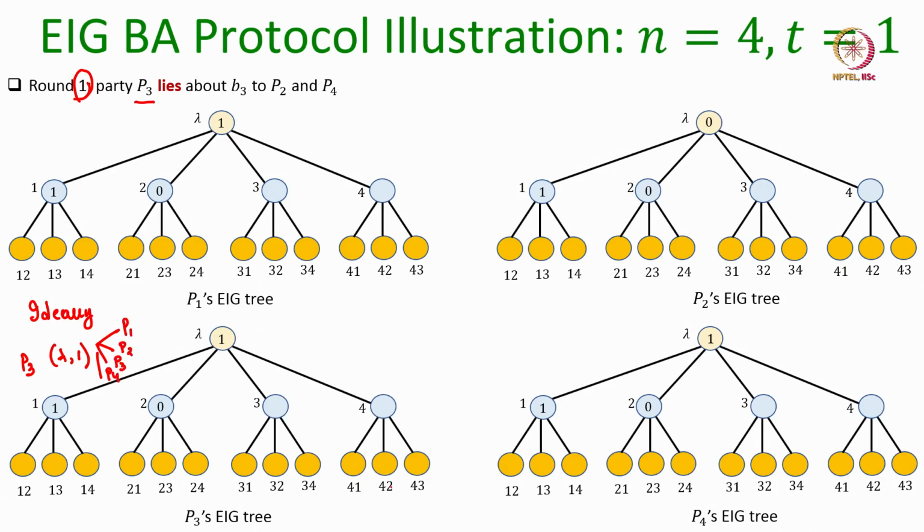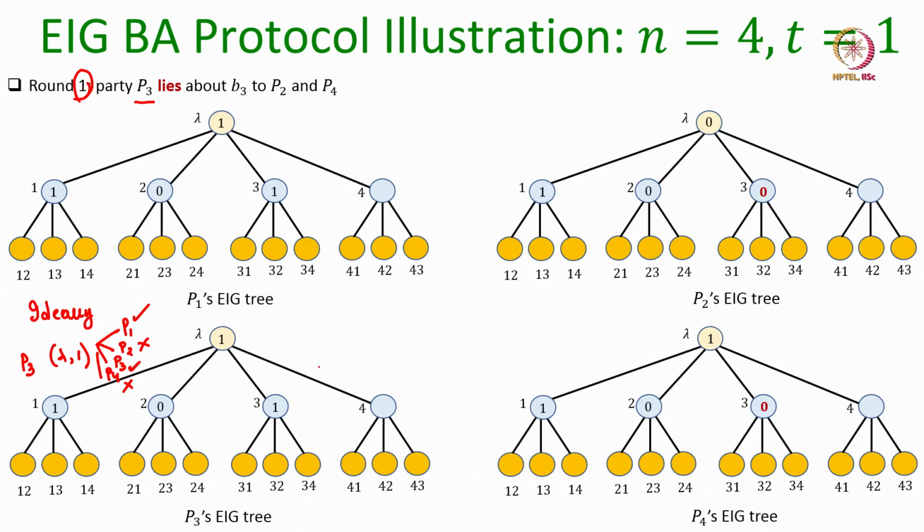It is doing so for 1 and 3. That means to party number 1 and party number 3, it is telling correctly that it has assigned a value 1 to its root node, but to 2 and 4 it is telling a different version. To 2 and 4 it is telling that 3 has assigned a value 0 to its root node, and due to this you see what is happening here.